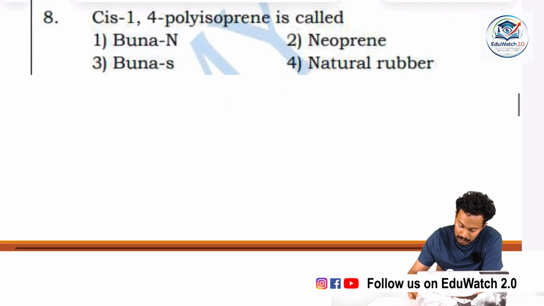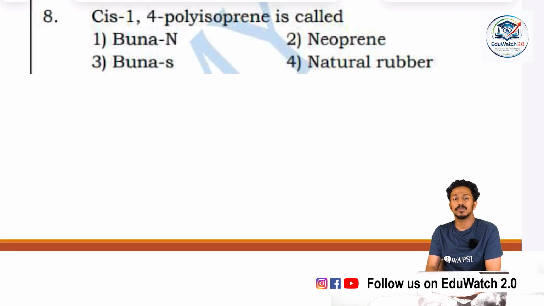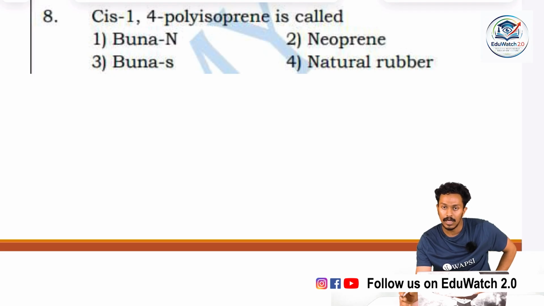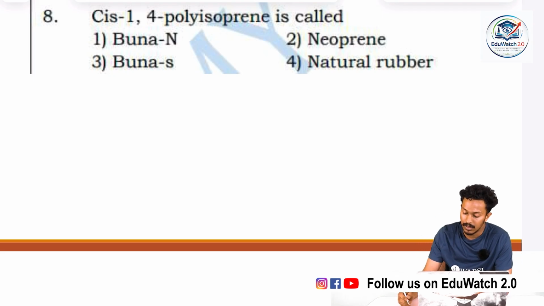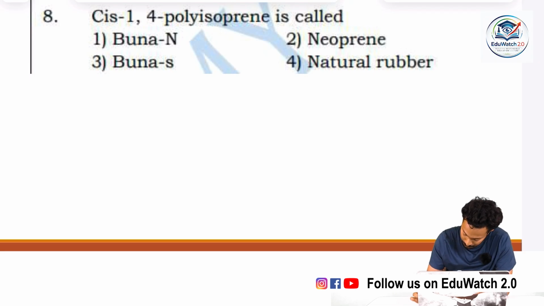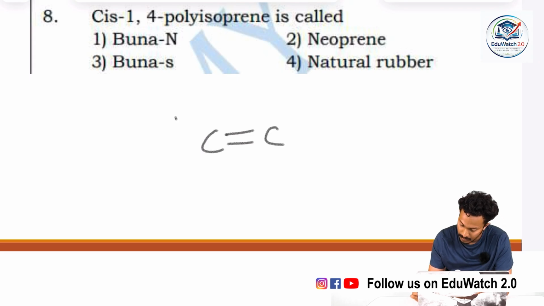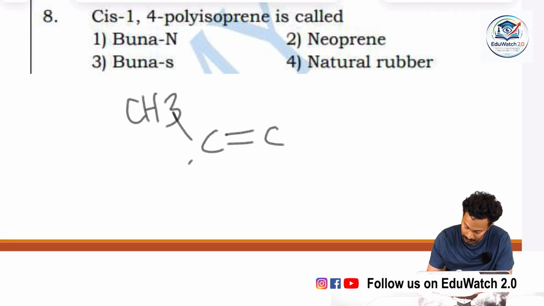And question number 8, cis 1,4 polyisoprene is also called. Well, before answering that, let me first draw the structure of cis 1,4 polyisoprene. Here polyisoprene would be C double bond C, cis, which means 1 CH3 here, CH2 here.